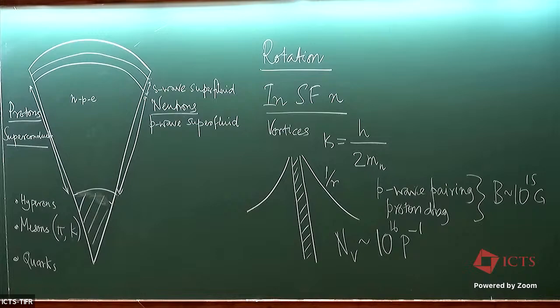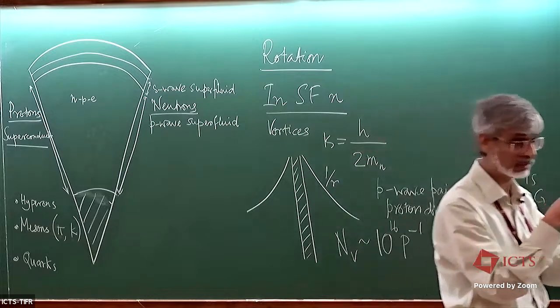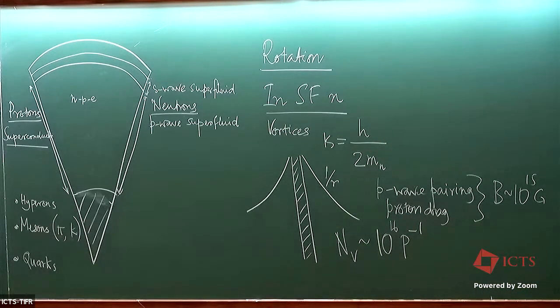These vortices can pin to nuclei. That means if the core of the vortex overlaps with the nucleus, then the net energy is reduced. So you have a tendency of the crustal superfluid vortices to pin to nuclei.